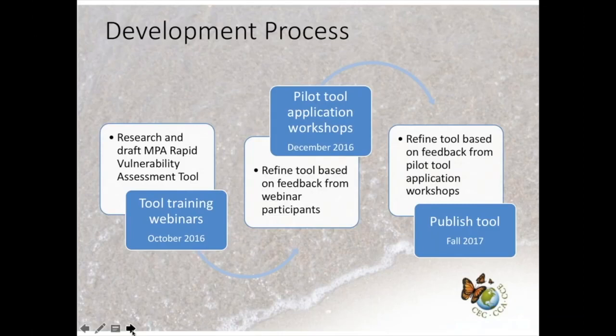It was refined through those processes as well as following the webinar, but more extensively, I would say, through the application workshop. Those 2 boxes on the right say that the tool was refined and then it was published. There were still many steps in there, but that's the gist of it.